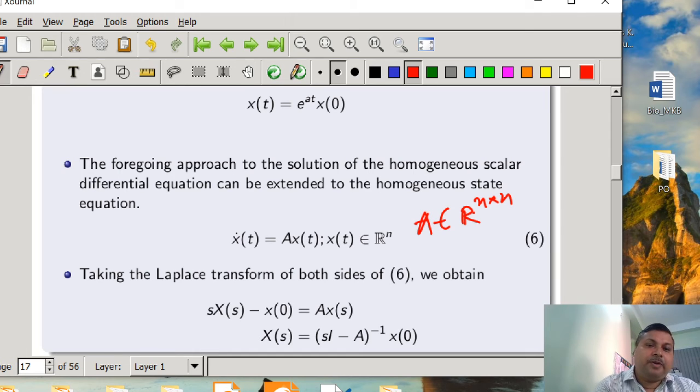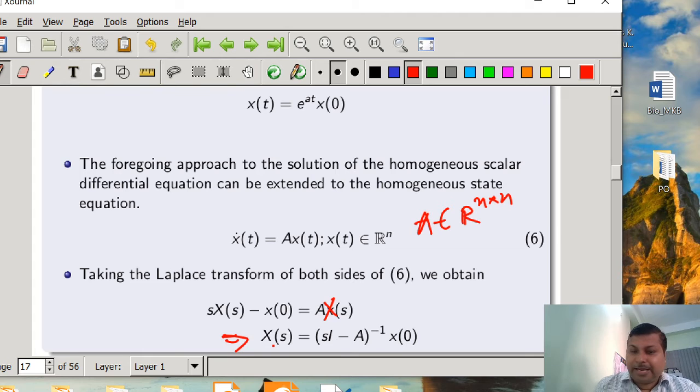Now in a similar way we will apply the Laplace transform, that is s X(s) minus x(0) equals A into X(s). Here one mistake is there, it will be capital X of s, and X(s) we can write by rearranging as (sI minus A) inverse into x(0).